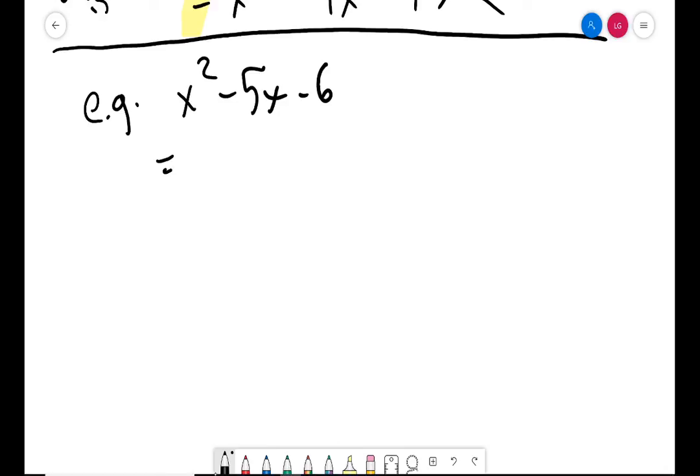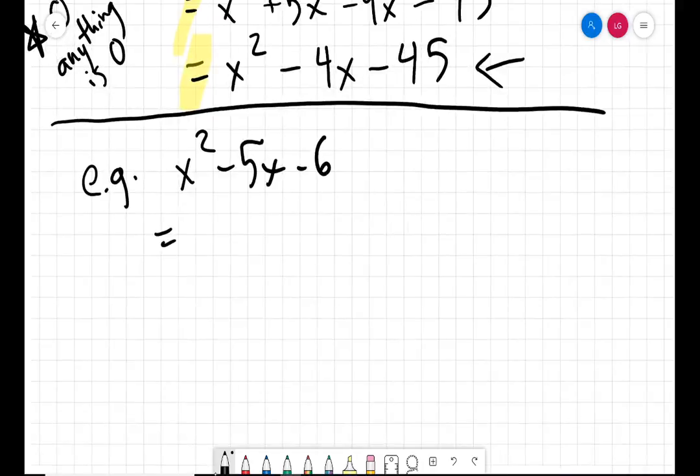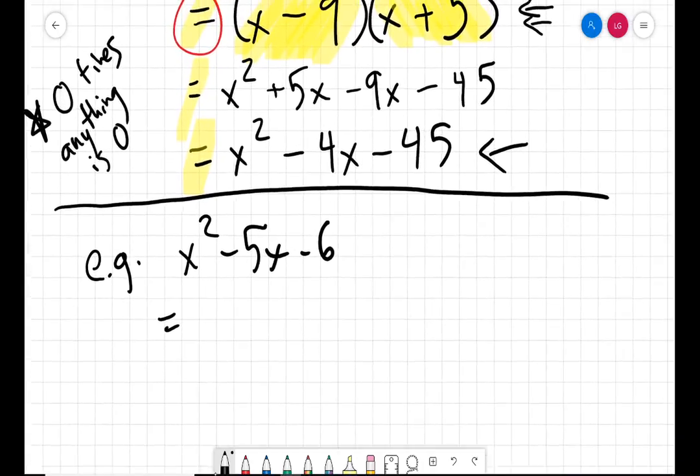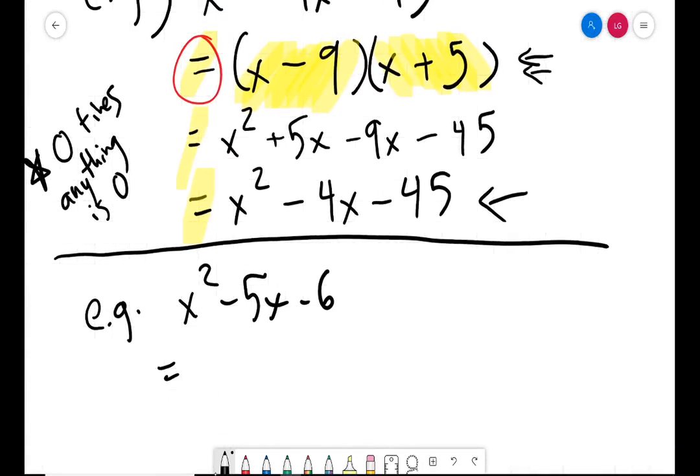So, okay, first thing I'm looking at here, I want the x terms in each to multiply together, and I need two of them, right? Because x times x will give me x squared, and this term has an x squared.